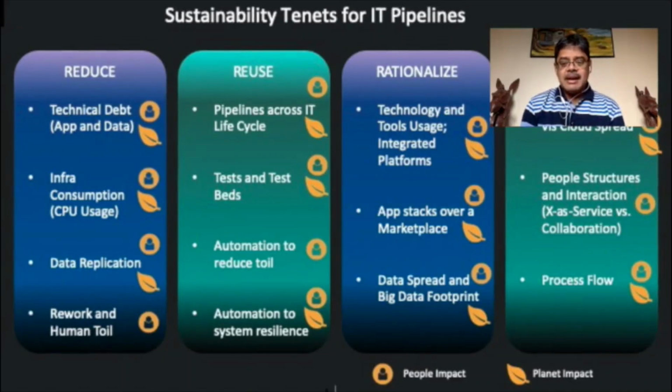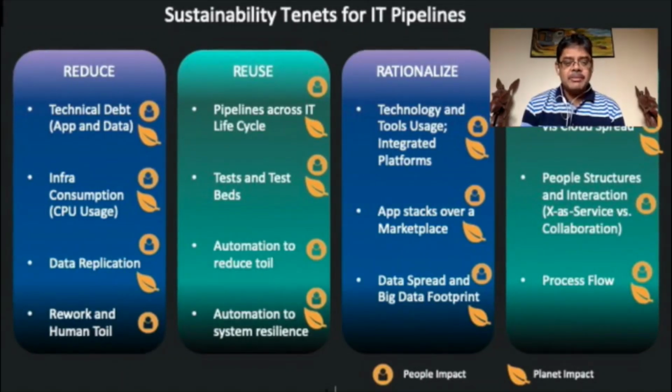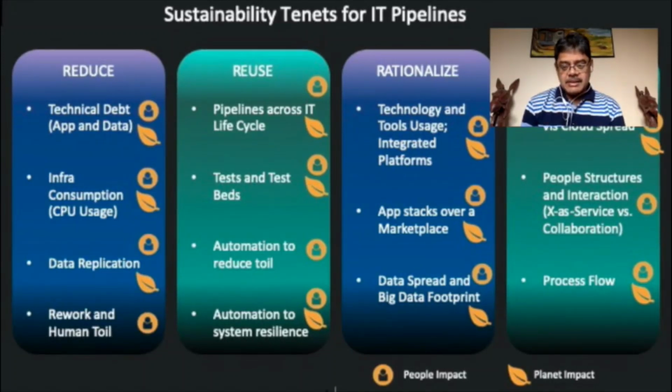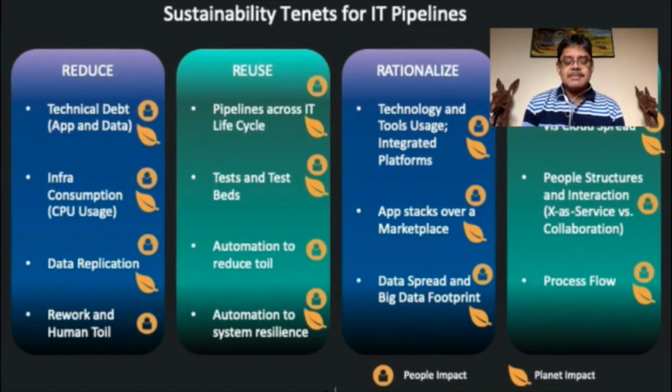Both of these have people impact and planet impact. The third one is data replication. How well you are able to replicate and reuse data is an important aspect in achieving a certain state of sustainability in terms of both people and planet. The fourth one is rework and human toil. This is primarily to do with the people impact in terms of sustainability.